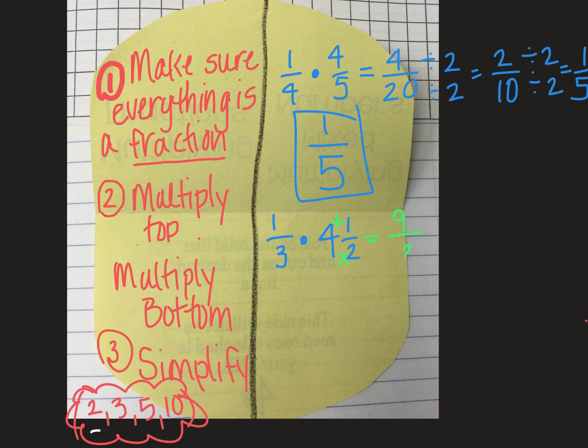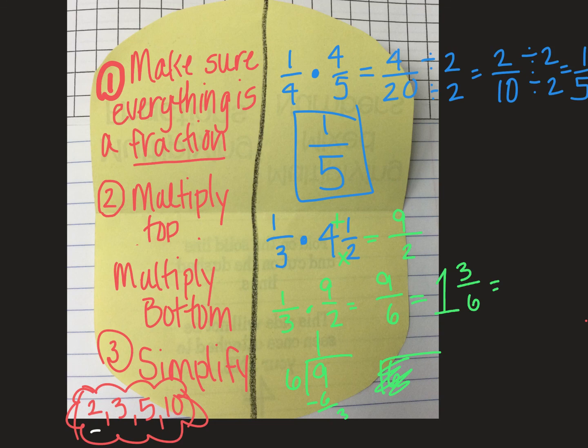Denominator stays the same. So I have 1/3 times 9/2. 1 times 9 is 9. 3 times 2 is 6. Now I'm going to divide. 9 divided by 6, top in, bottom out, is 1. There's 3 left over. That becomes my numerator. Denominator stays the same.